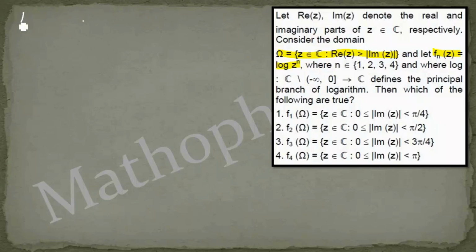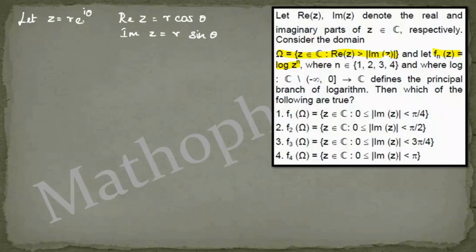To start, let z equal r e power i theta. This implies real part is equal to r cos theta and imaginary part is equal to r sin theta.